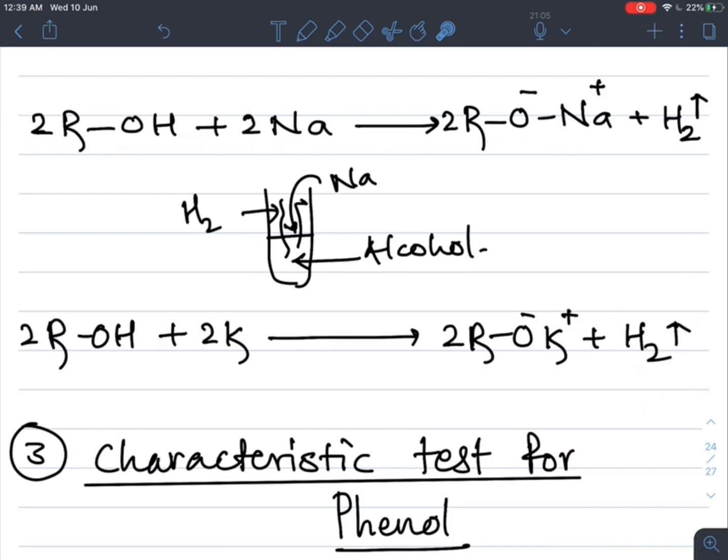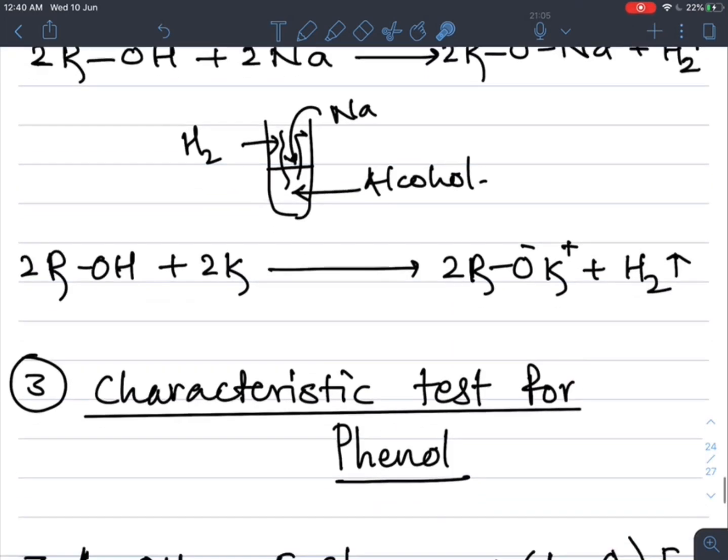This shows the acidic nature of alcohol, as it donates a proton, that is the H plus ion, and that's why it shows acidic character. This is shown only by alcohols, not by phenol.